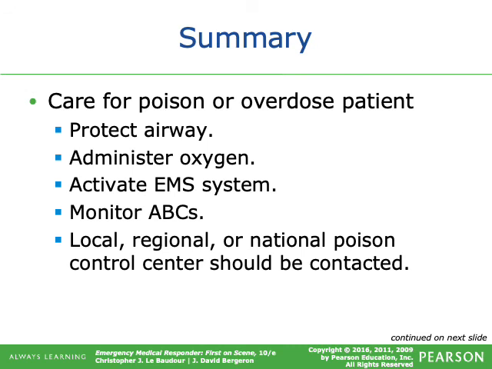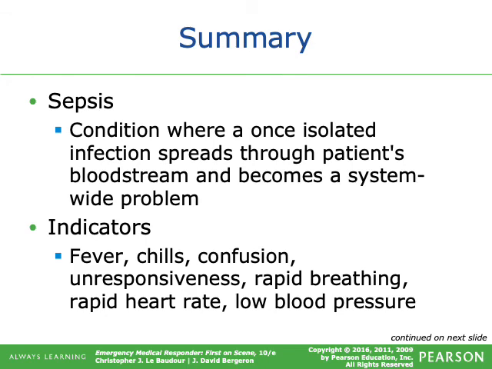Big takeaways for patient care are going to be protect the airway, administer oxygen, activate the EMS system, monitor ABCs. A local, regional, or national poison control center should be contacted. Alright, sepsis. This is a condition where a once isolated infection spreads through the patient's bloodstream and becomes a systemic-wide infection.